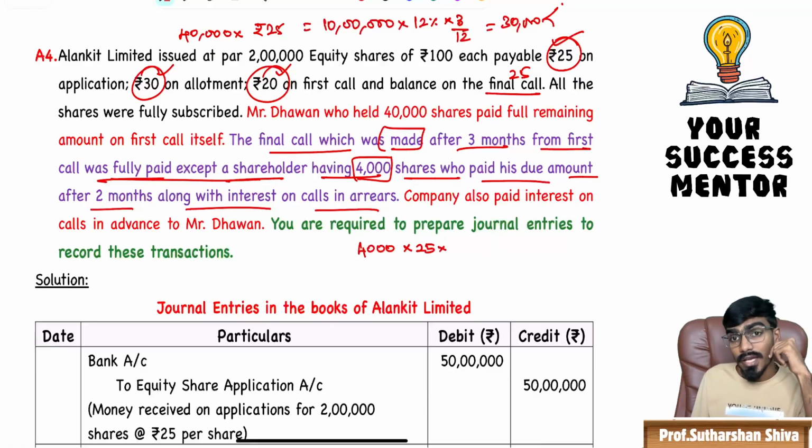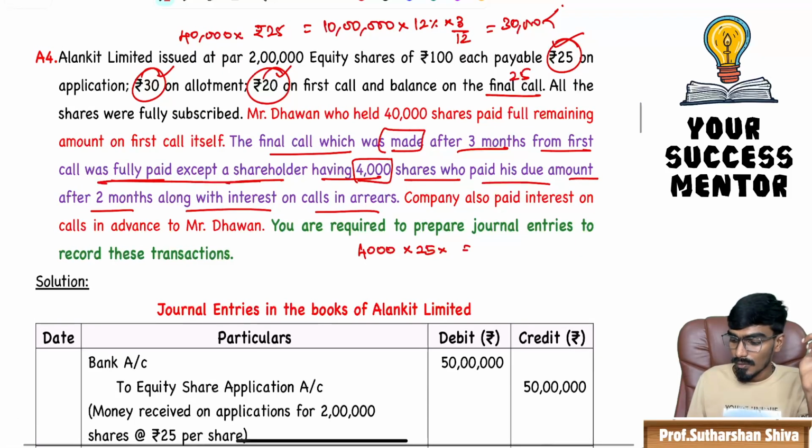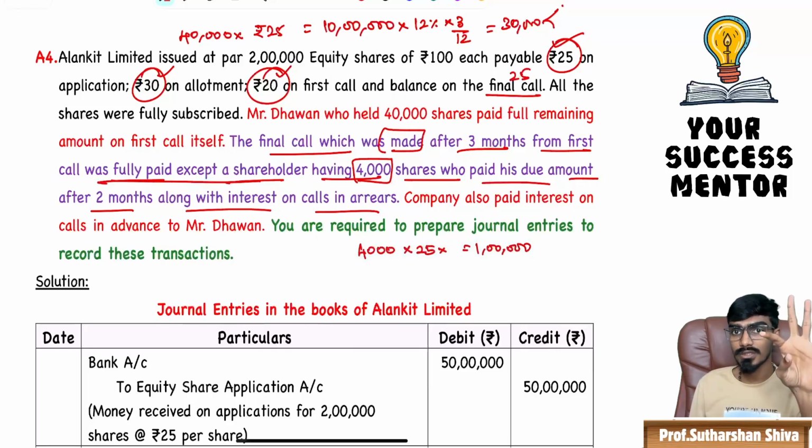So 4,000 into 25 rupees gives you 1 lakh as calls in arrears. Correct? Don't forget to reverse the calls in advance you passed at the time of first call. You should reverse it in the second.